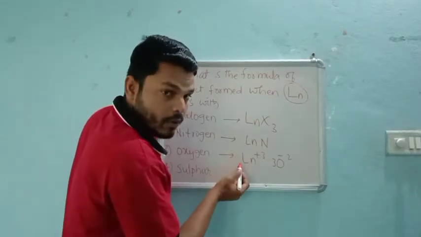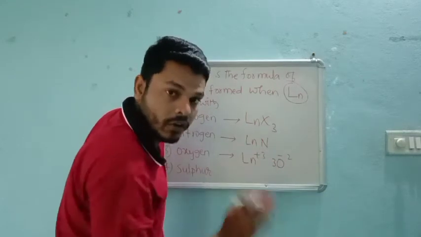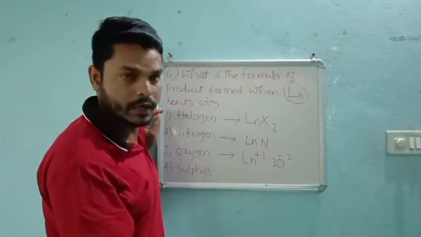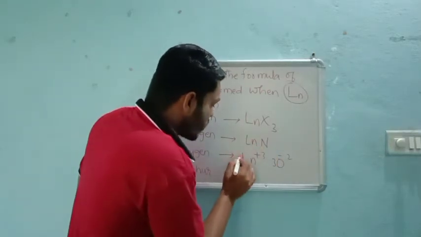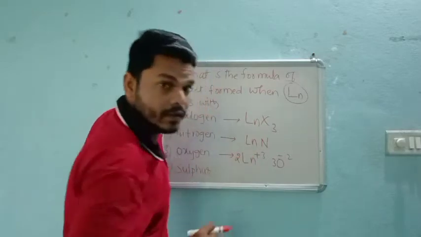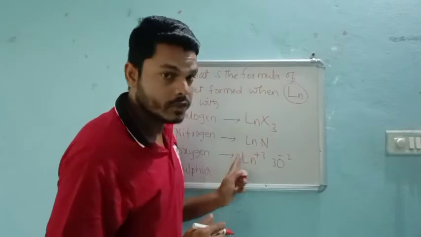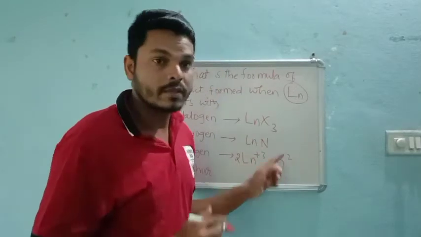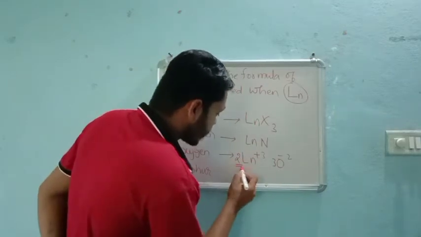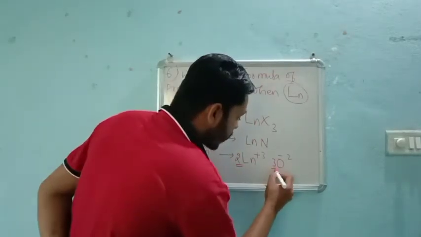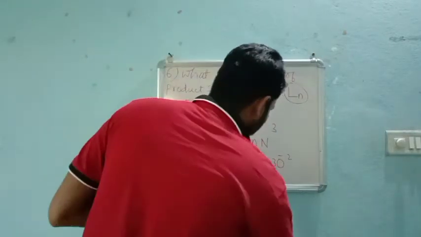If 6 comes on this side, then we will retain 3 here. If not, then we will move to 4, right? So we check. 3 2s are 6, and 2 3s are 6. That means plus 6 and minus 6, so now it is matching. When lanthanides are 2 and oxygens are 3, what will be the formula of the product?